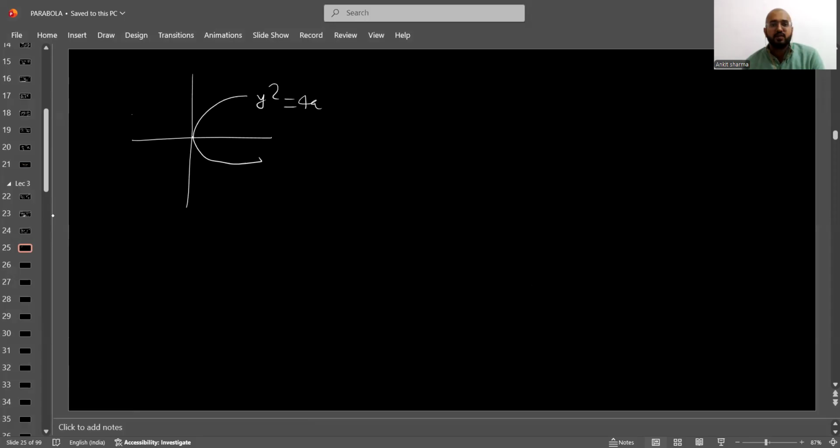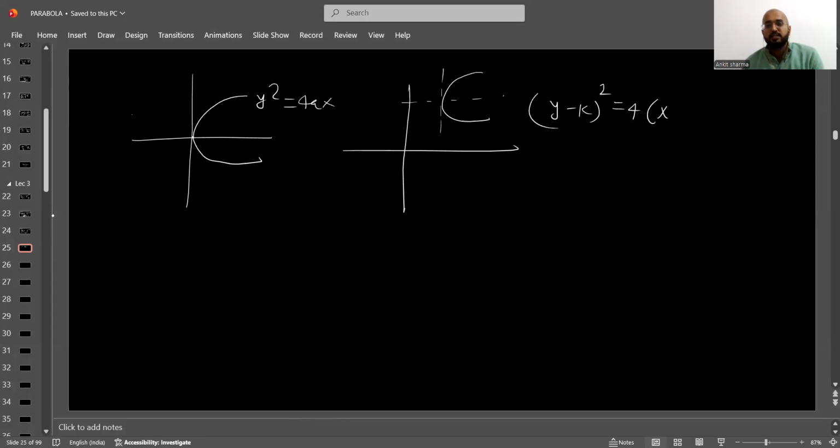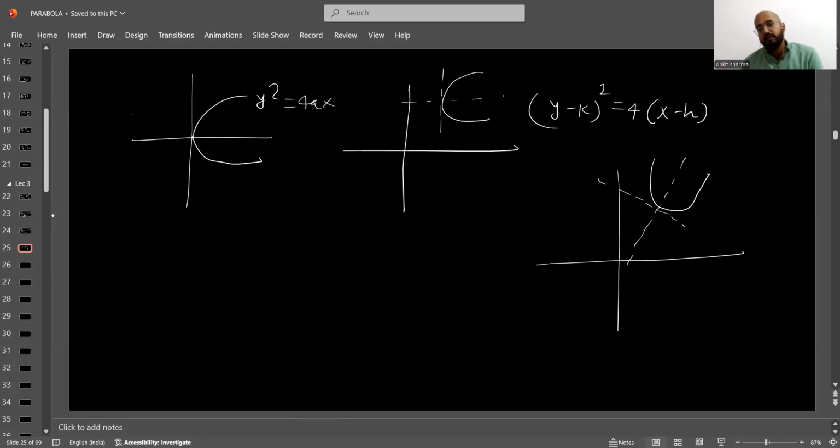Now this is being transferred to some other point, so I'll have an equation like y minus k whole square equal to 4 times x minus h. And now the axes are also rotated, that means I now have a parabola this way.